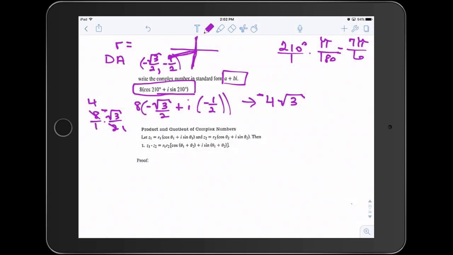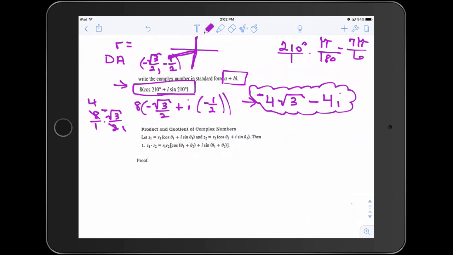So we have negative 4 square root of 3, and then 8 times 1/2 is 4, so it's minus 4i. And that, my fine young ladies and gents, is the imaginary number if the trig form looks like that.